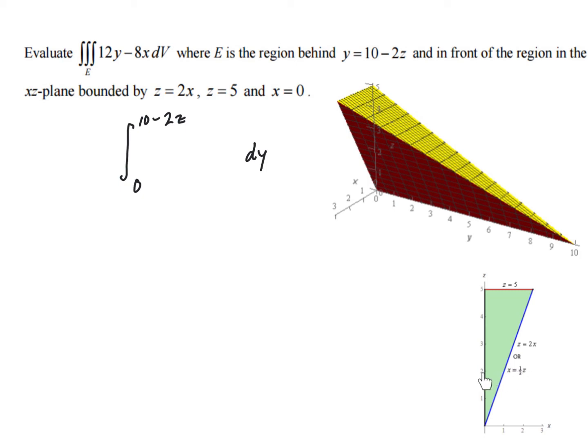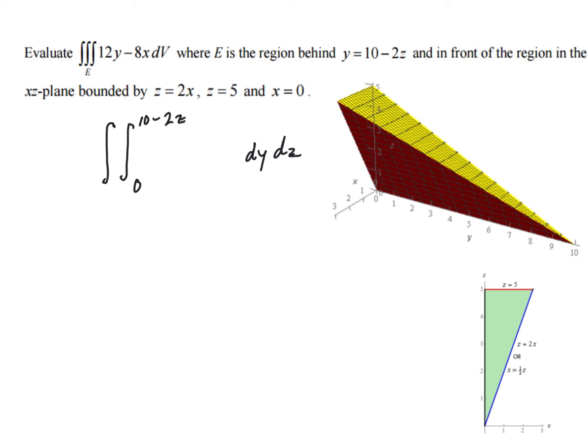Or we could go from 5 to 2x, type 1, and then we would end up with numbers for our x's. I think that's what I'm going to do, because it would be easier to not have to deal with the fraction in the bound.